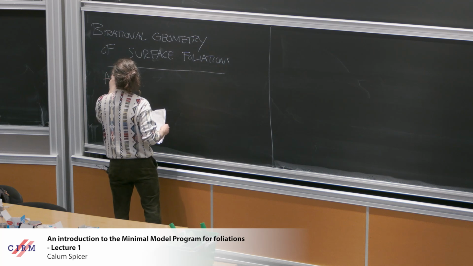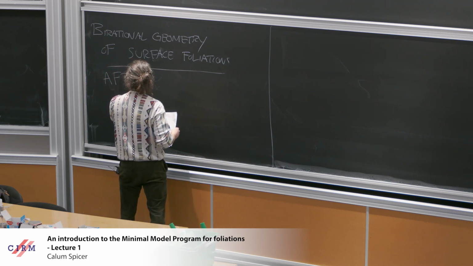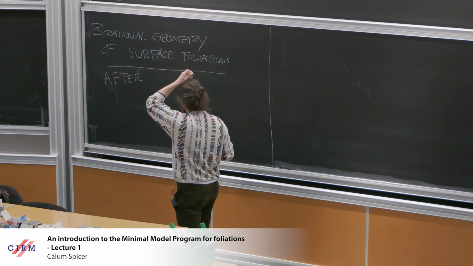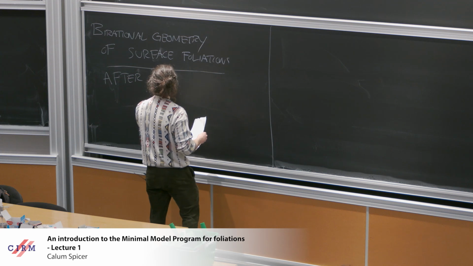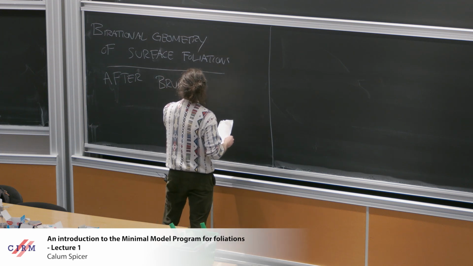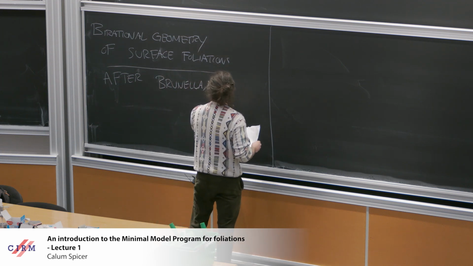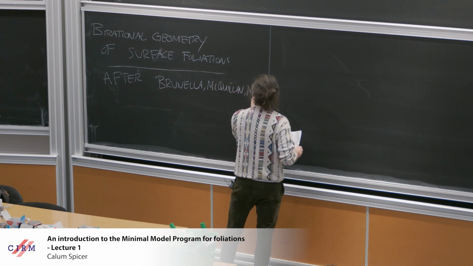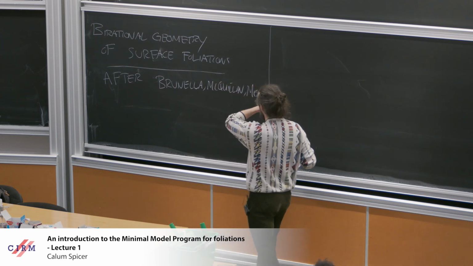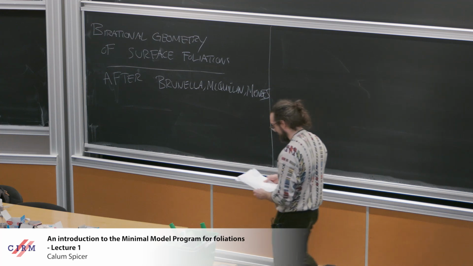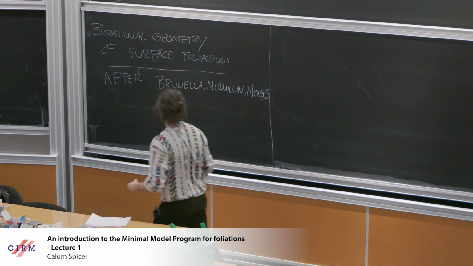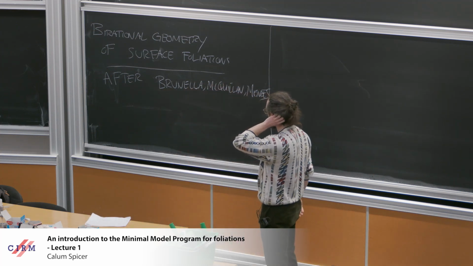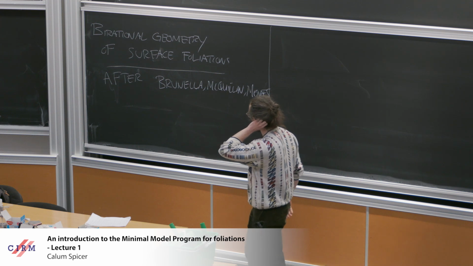And I'll be liberally making use of ideas due to three people, Brunella, McQuillan, and of course, Mendes. Like I said, I'll be liberally using their ideas to explain a sort of program of classification.